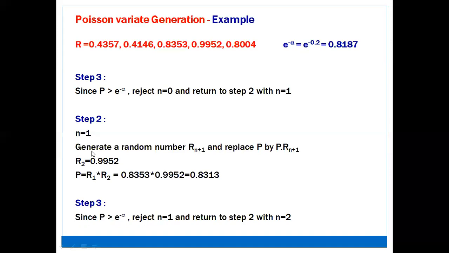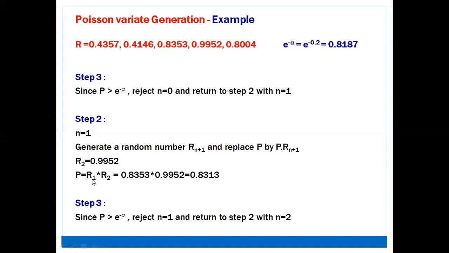So n is 1. Generate a random number r of n plus 1. Replace p with p into r of n plus 1. So now n has become 1, r2. Now r1 is this, r2 becomes the next number 0.9952.